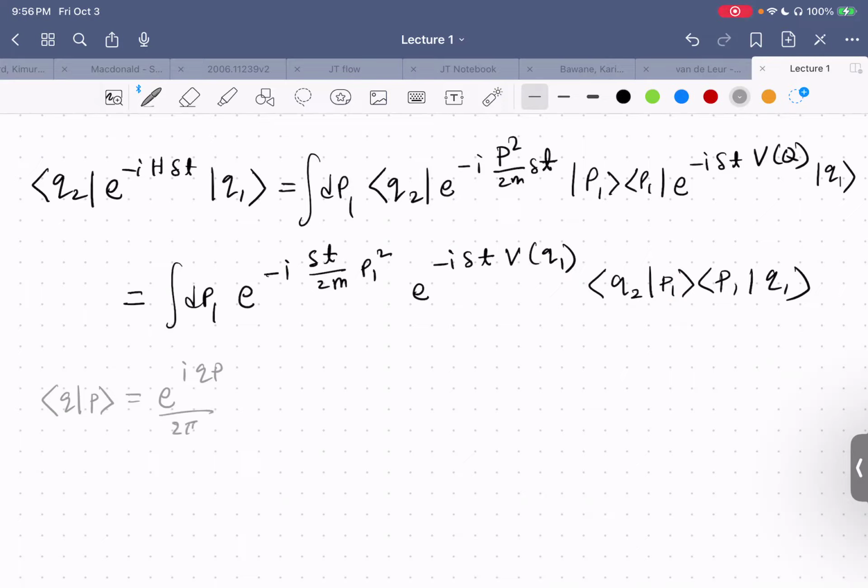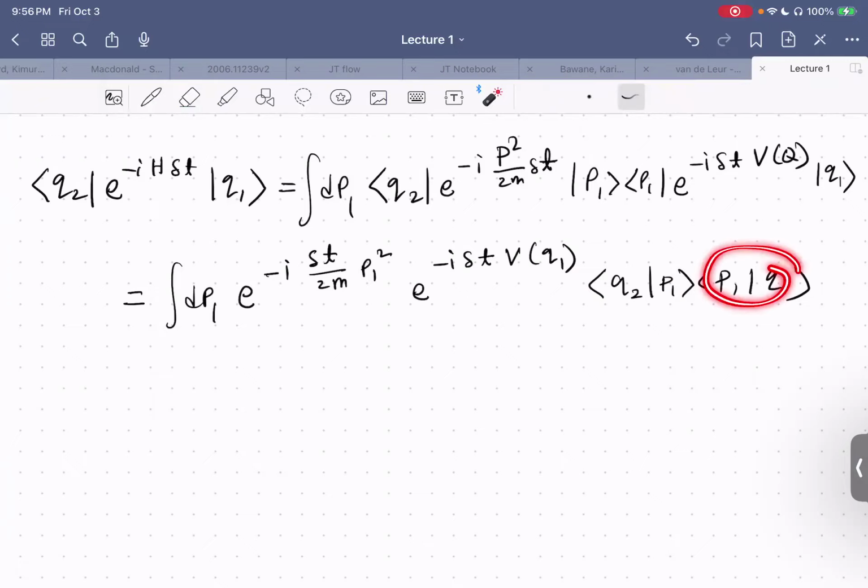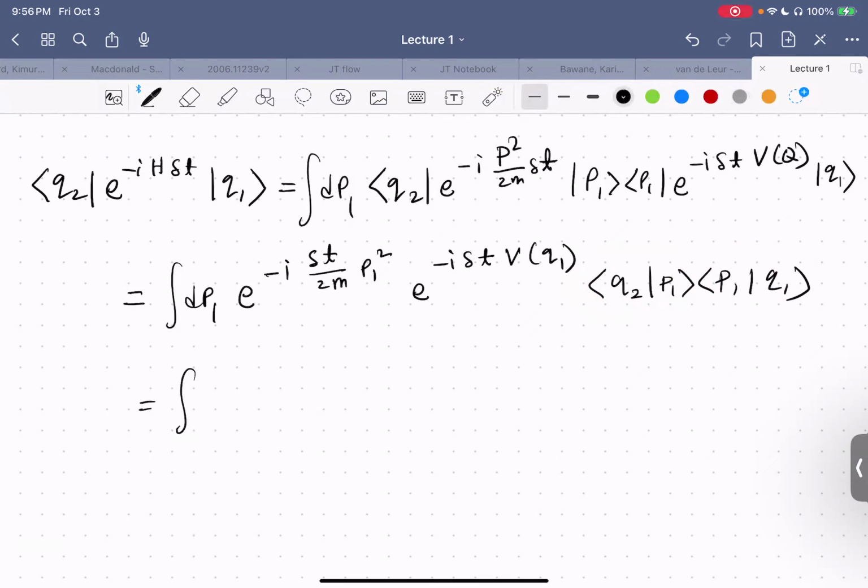You have to do some kind of normalization, and sometimes you will see 2 pi, sometimes square root of 2 pi, and sometimes nothing, but anyway. And so here, one is the conjugate of the other, with different positions, of course. So there will be a relative sign. So you will get something like this.